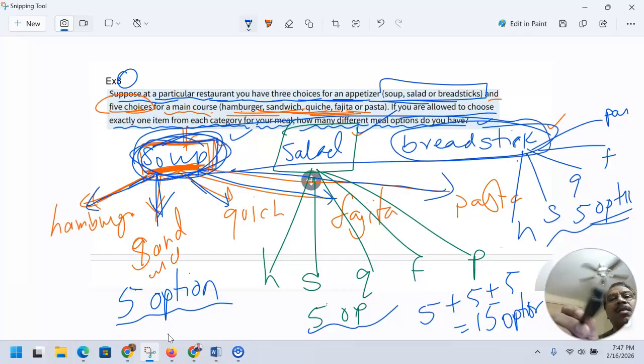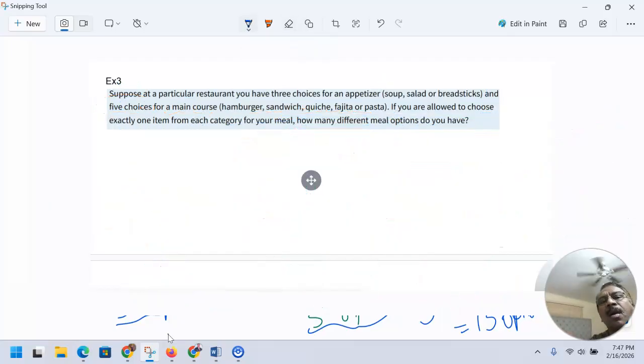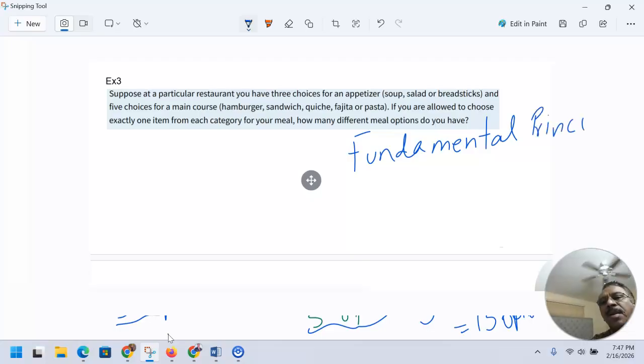One way you can do this is with something called the fundamental principle of counting. Basically, you don't have to draw everything. Remember last time we had 5 plus 5 plus 5.